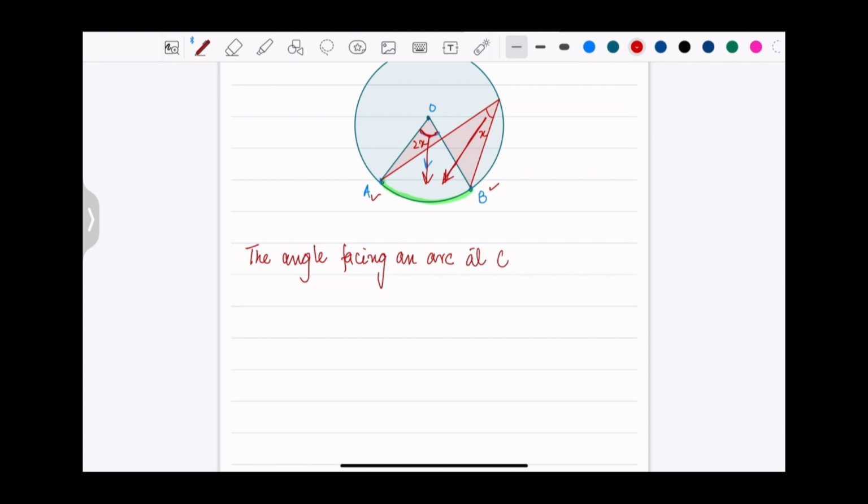The angle at the center is twice the angle facing the same arc at the circumference.